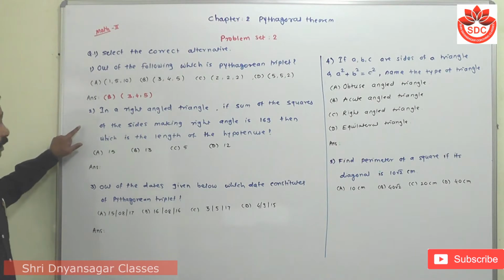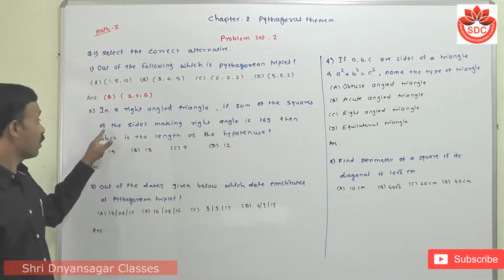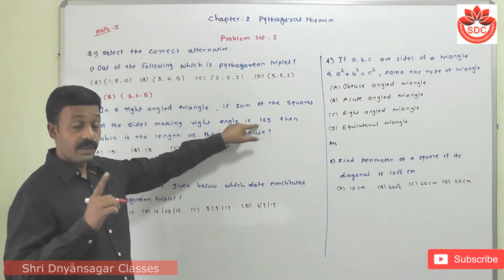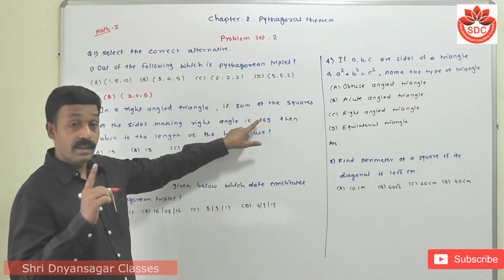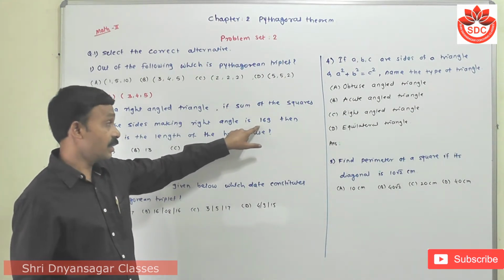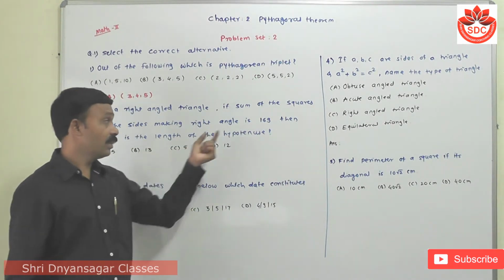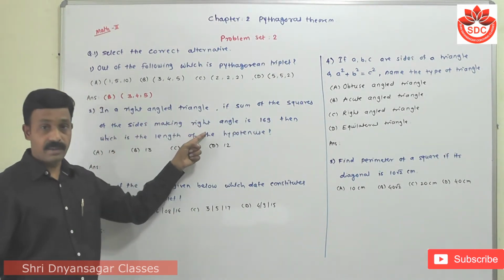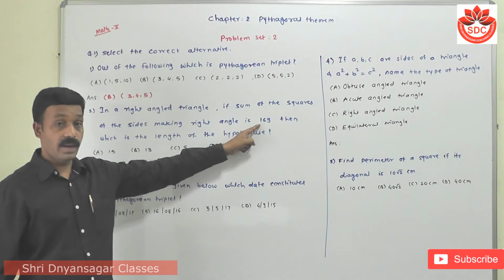Then the second question: in a right angle triangle, if the sum of the squares of the sides making the right angle is 169, what is the length of the hypotenuse? Look here, if we take A, B, C as the values, then A squared plus B squared is equal to C squared, as we know. Here C squared is directly given as 169. This is the sum of the squares of the sides making the right angle, which means it is the square of the hypotenuse.